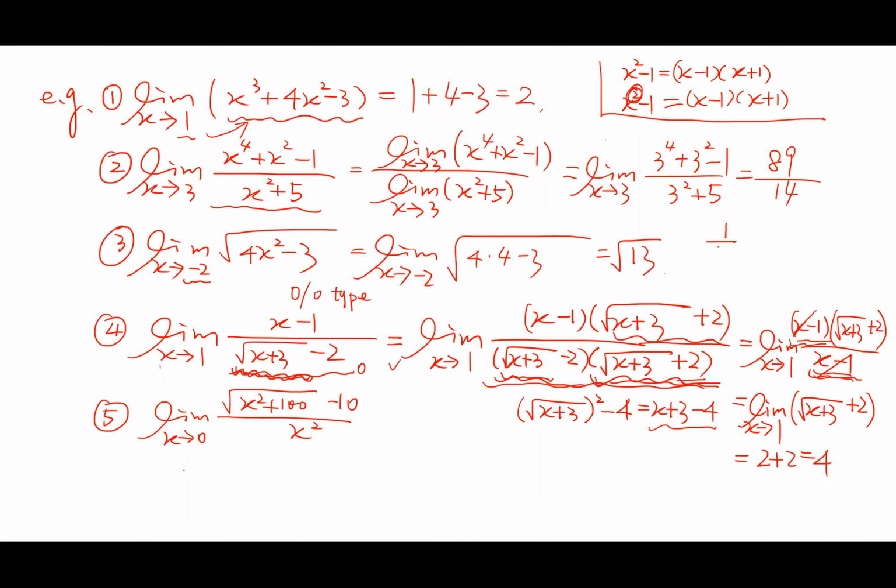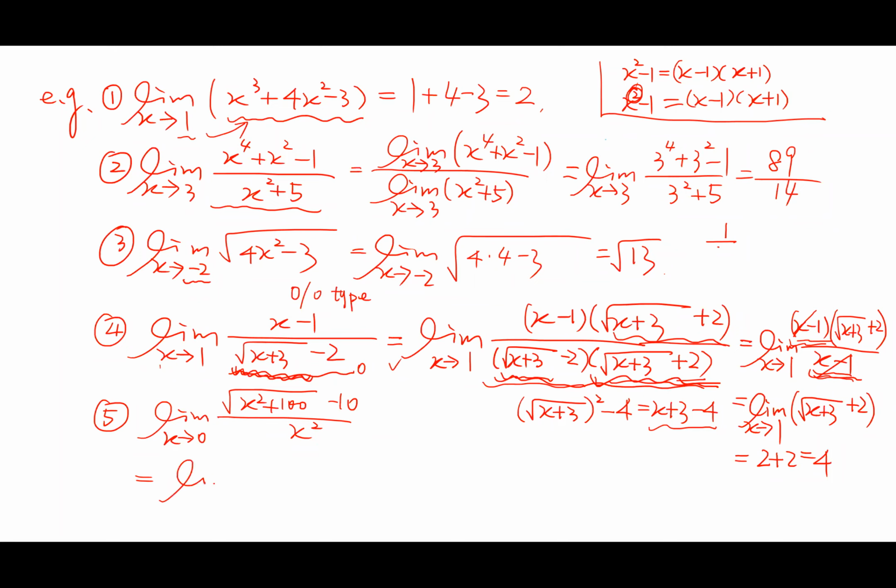Okay, so now maybe it is easy to calculate this limit. The same way to solve this question, we can multiply the same factor both up and down, because here we see 0 by 0 type again, right?